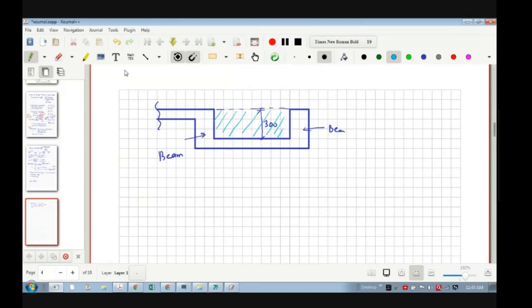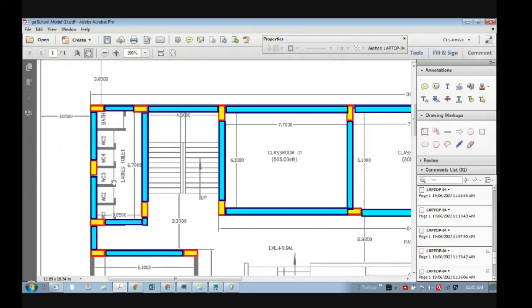What is the sunk needed for? Sanitary fittings and waterproofing. So we will take that toilet sunk like this. This is the section you can see, and this is your slab.